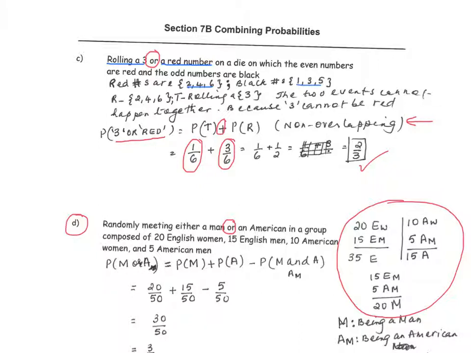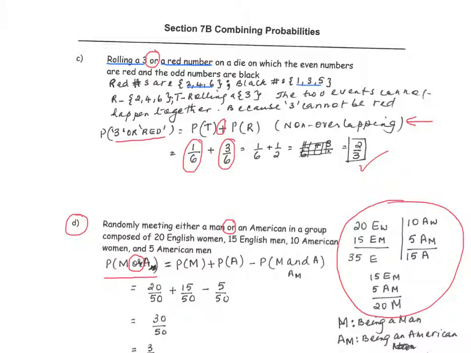So let's see what we need to figure out. What is the probability that we randomly meet a person in this group and the person is either a man or an American? So let's first check, since OR suggests the addition rule, if being a man and being an American are overlapping events.